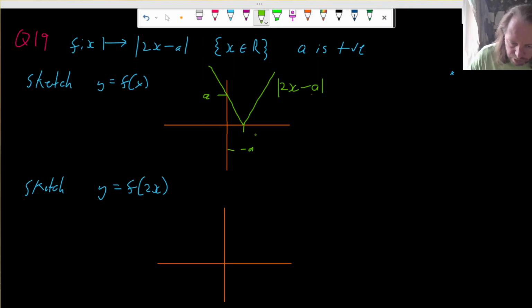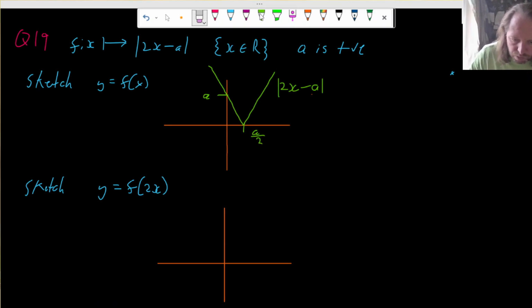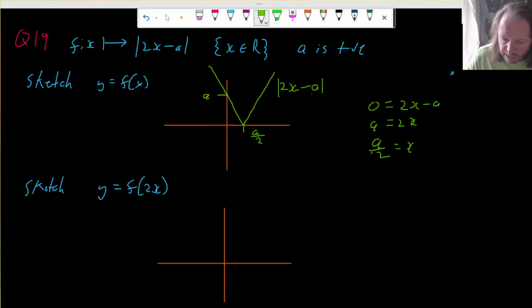So that point there is a divided by 2, because if y is equal to 0 and we have 2x minus a, we end up with a equals 2x and a over 2 equals x. So that's how we know the point is there.